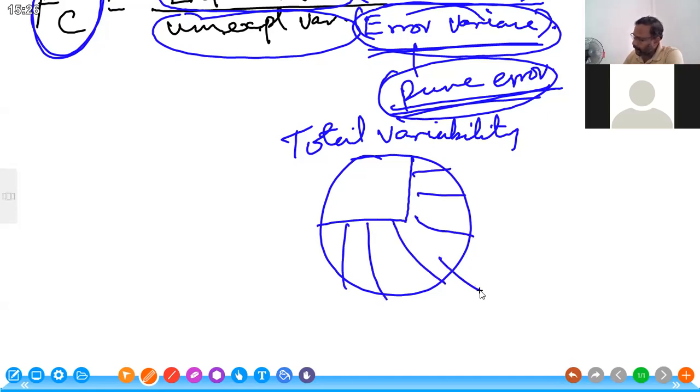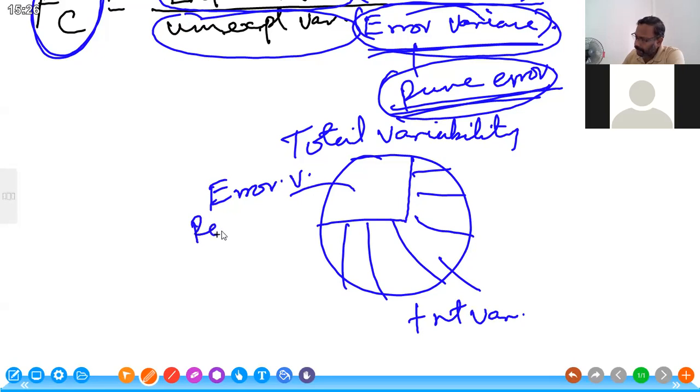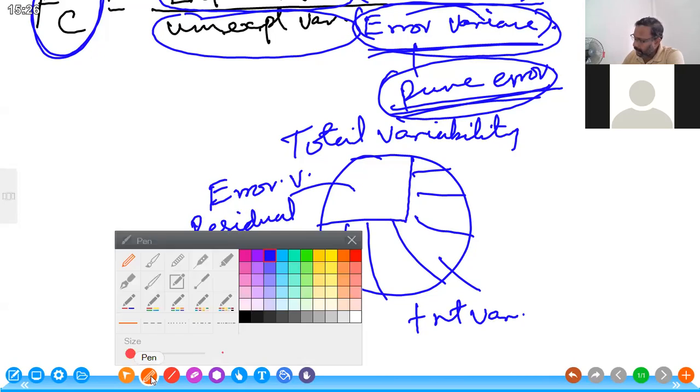This is due to treatment variability. The remaining is called error variability, or we also call it residual variability.